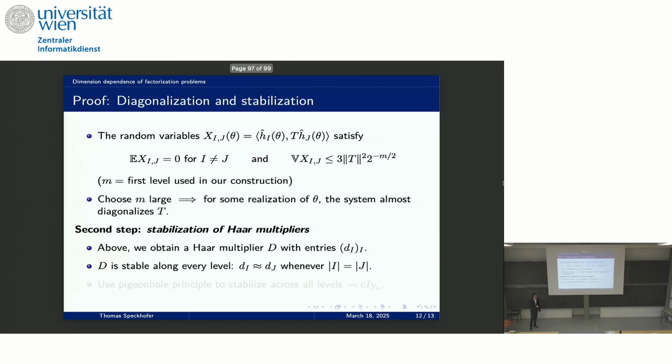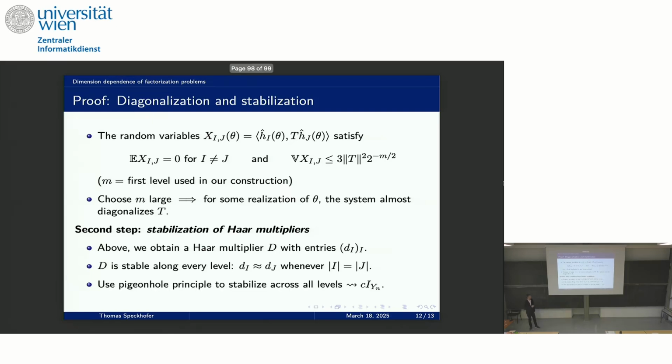And in addition, another benefit of this more complicated randomization technique is that this Haar multiplier is already stable along every level of the Haar system, of the dyadic intervals. So this means that if intervals i and j have the same size, then di is approximately equal to dj up to some small error. So we essentially just have one specific number, one multiplier entry per level.